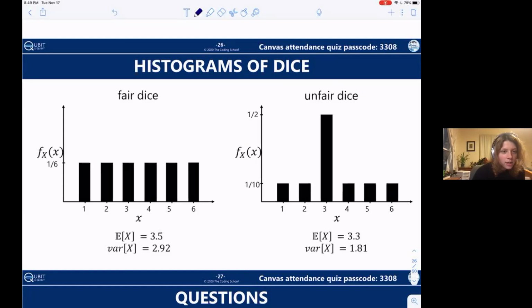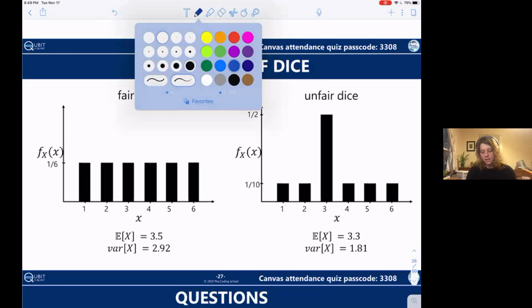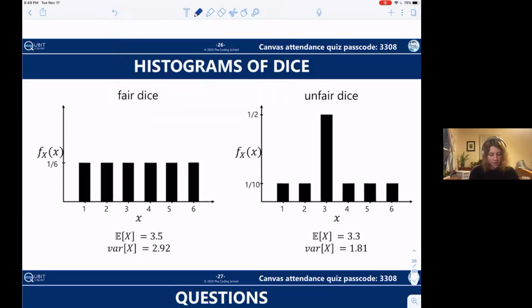I've got a question about explaining the variance again. So I'll just draw it out again, because I think that's the easiest way to think of it, if you decided to create some kind of continuous function. I like to think of it this way: it's how much your value varies from your average.